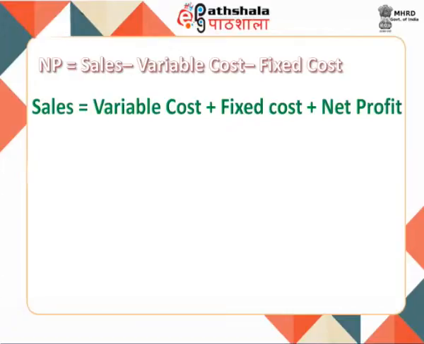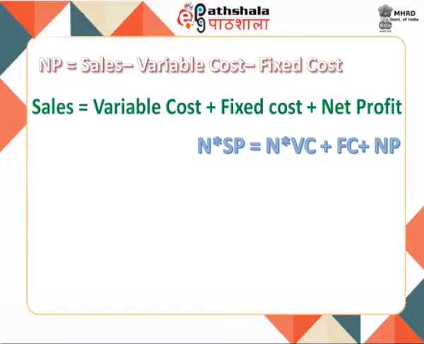We also know that sales is equal to number of units sold multiplied by selling price per unit. Thus, we can represent this equation as N multiplied by selling price, which is same as N multiplied by variable cost plus fixed cost plus net profit.